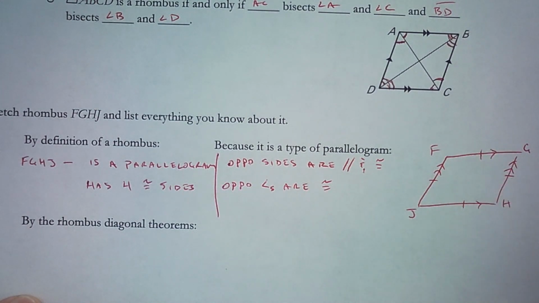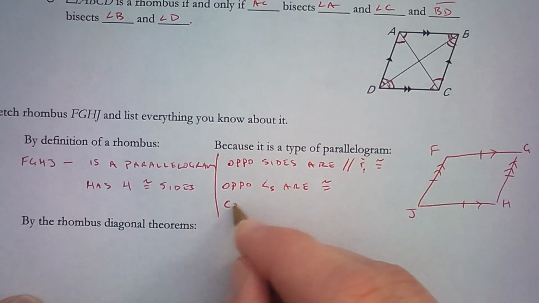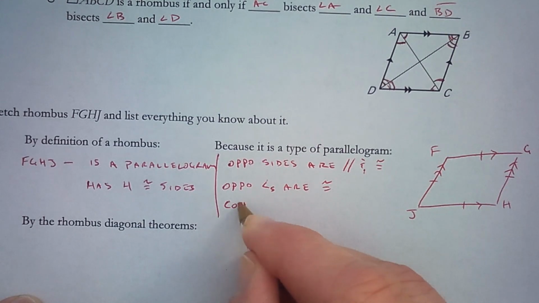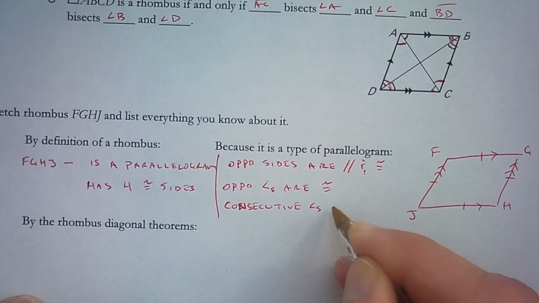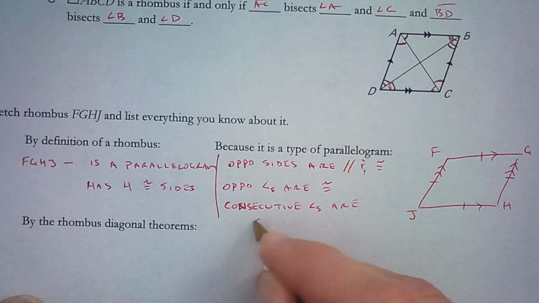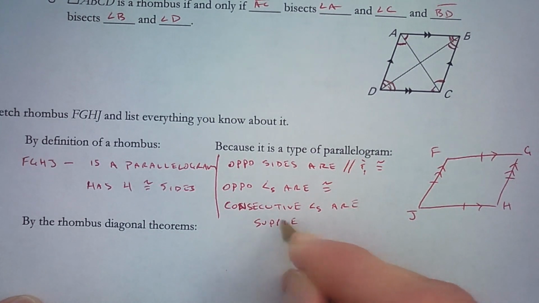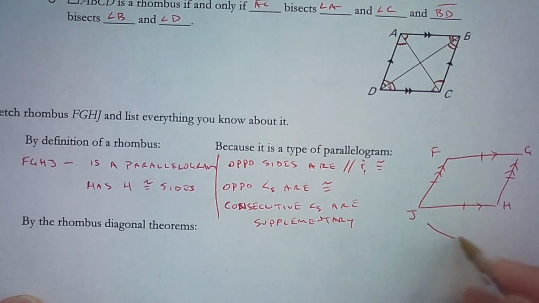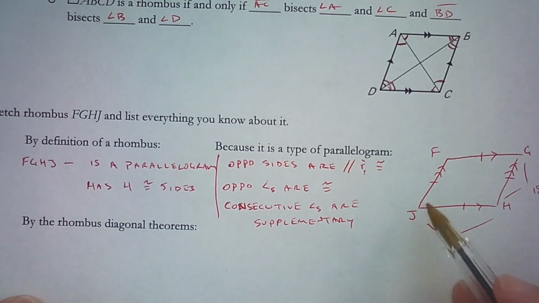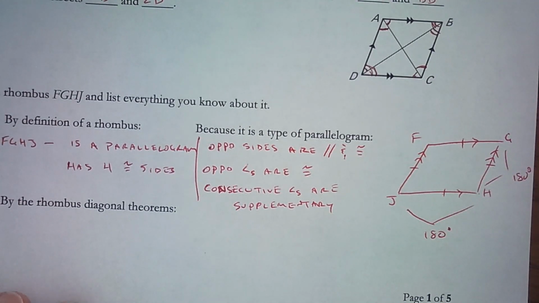Okay, and we'll mark that later after we put in some diagonals. We know that consecutive angles are supplementary. Okay, so these two have to add up to 180 degrees. These two have to add up to 180 degrees. And all the way around, any two consecutive angles will have to add up to 180 degrees.